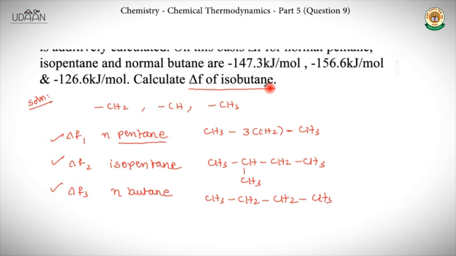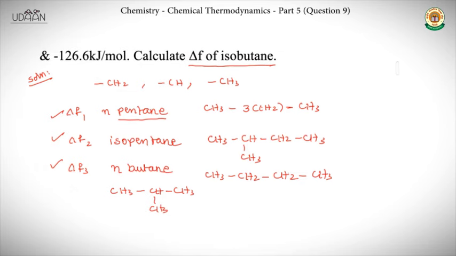So isobutane will be CH3, CH, CH3, CH3. For calculating the delta F value of this one, I need to know the individual heat of formation for CH3 and CH, and I can add them to get the delta F value for isobutane.